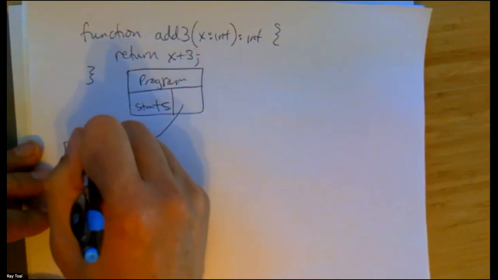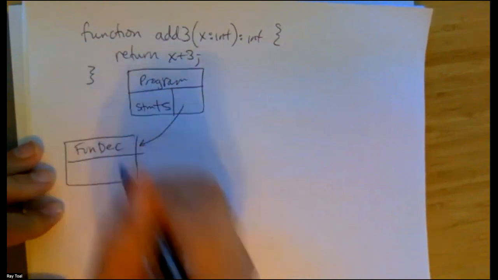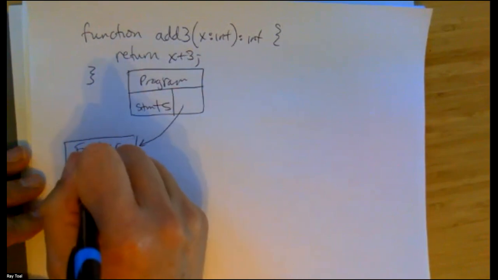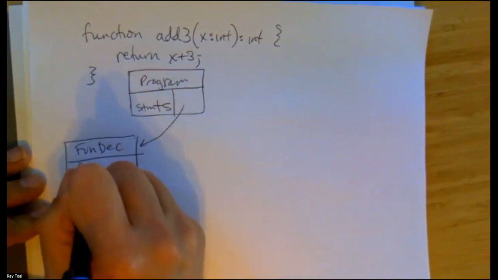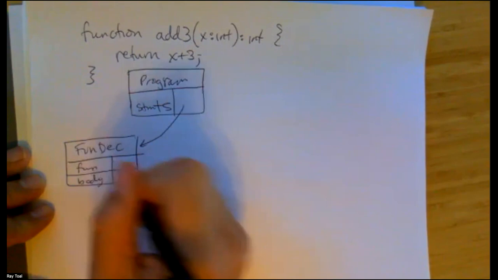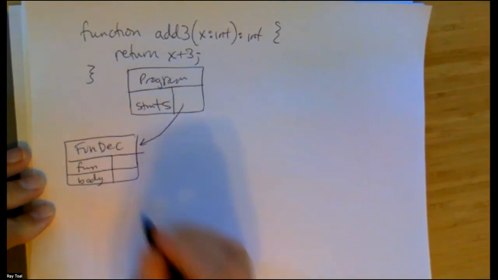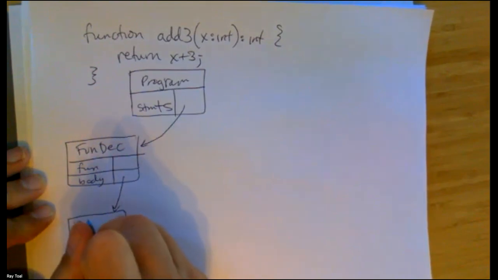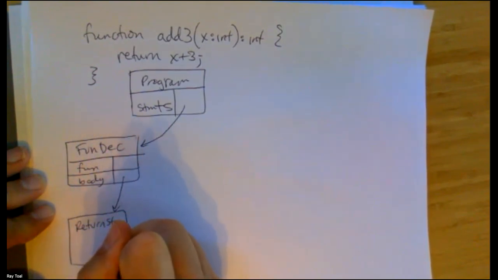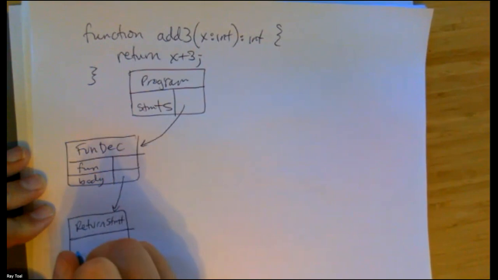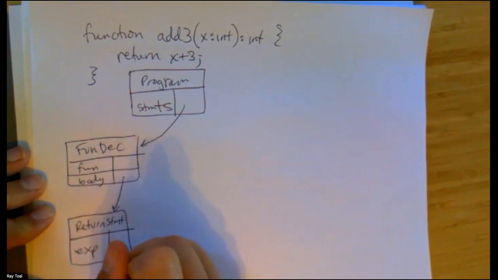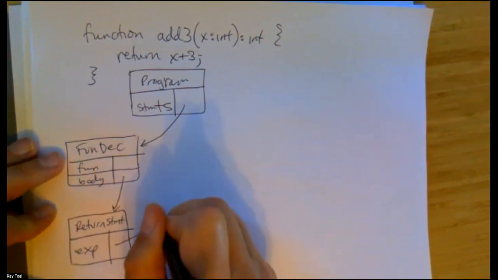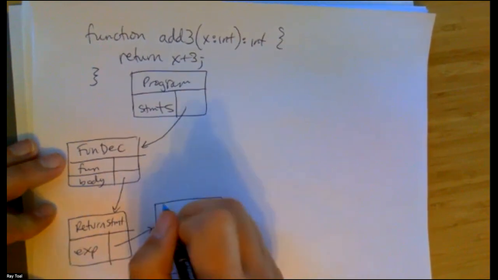What do function declarations do? Well, they declare functions by giving them a body. The body in this case is probably a little bit easier to do first. The body is a return statement whose expression being returned in this case is simply a plus expression.